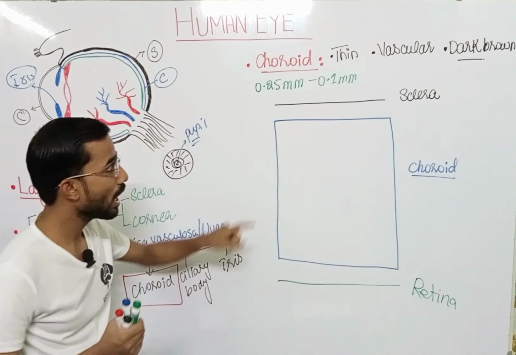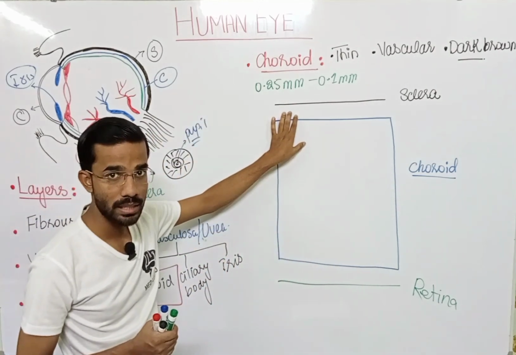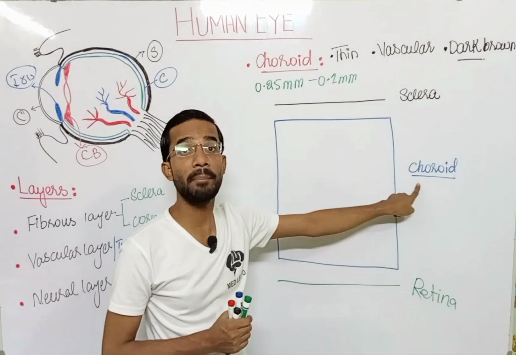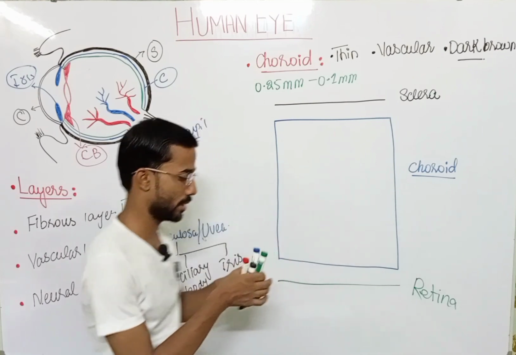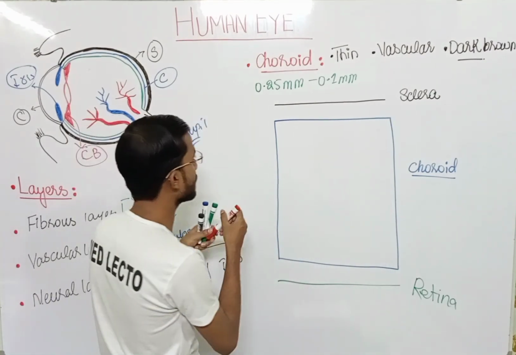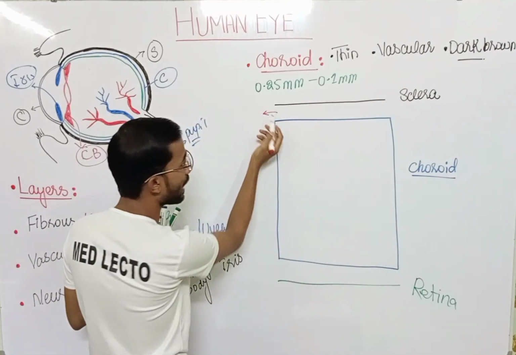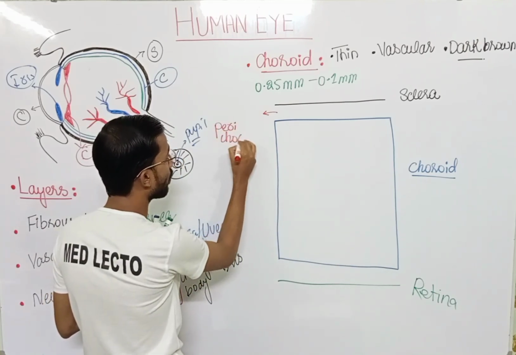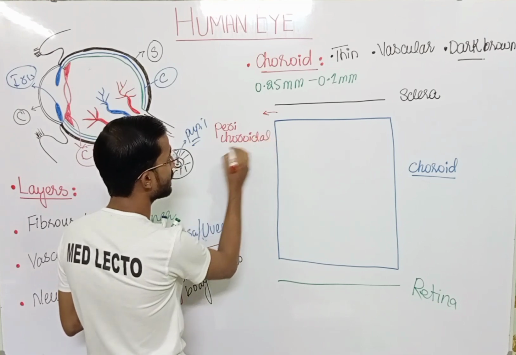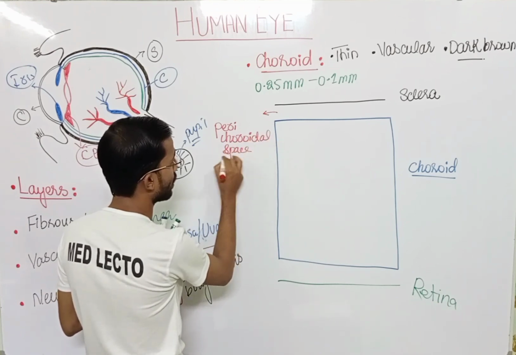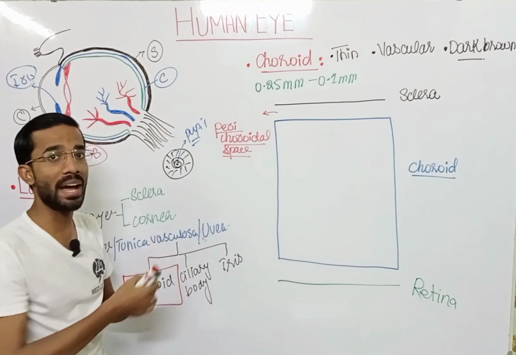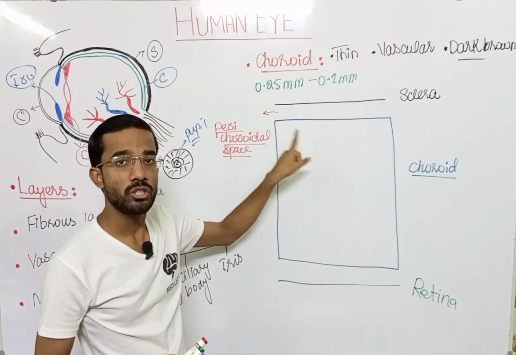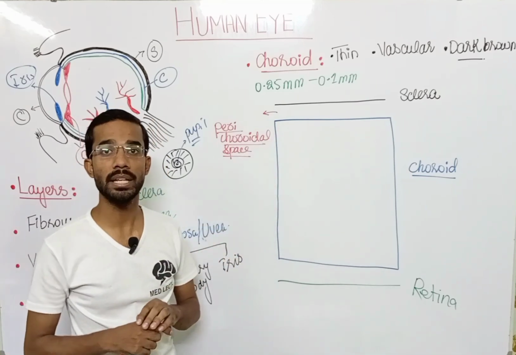The space between the sclera and the choroid is the perichoroidal space. Why do we call it peri? Peri means around, so this space is around the choroid. That's why we call it the perichoroidal space.